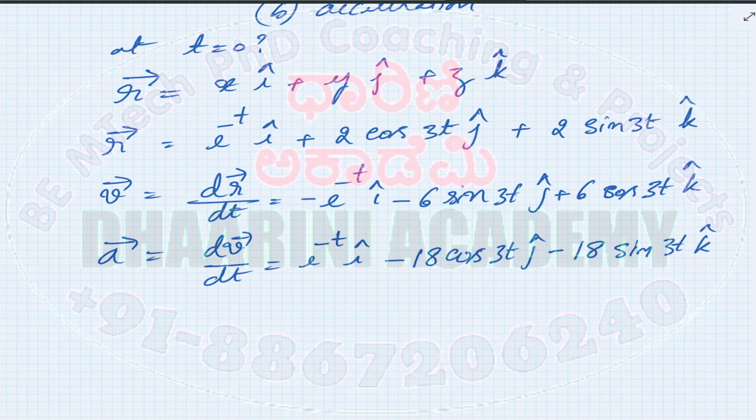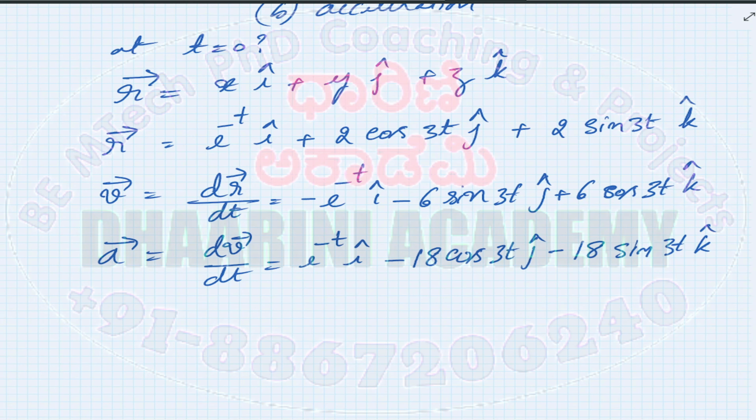Minus is plus, 6 square is 36 sine square 3t plus 6 square is 36 cos square 3t. So this is nothing but under root e to the minus 2t plus 36, take 36 common, sine square 3t plus cos square 3t. Right, so this term is 1, that's why the magnitude of v vector is nothing but under root e to the minus 2t plus 36.